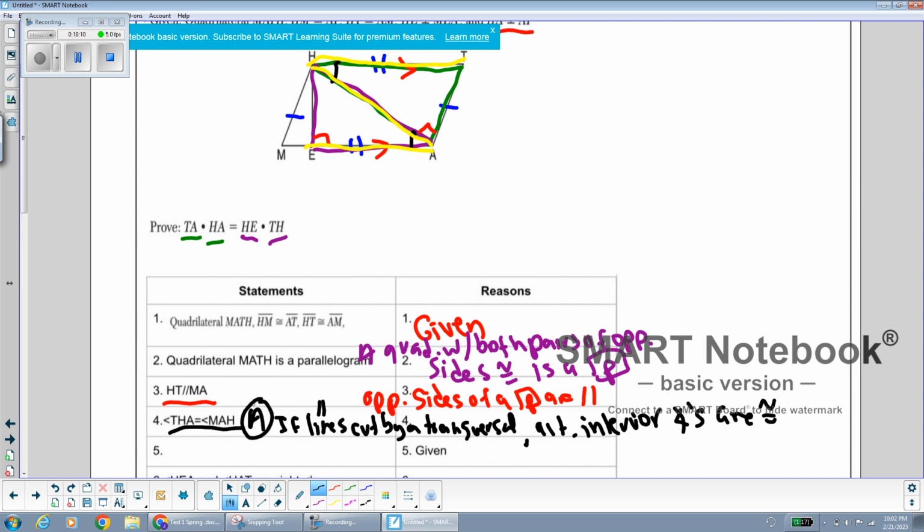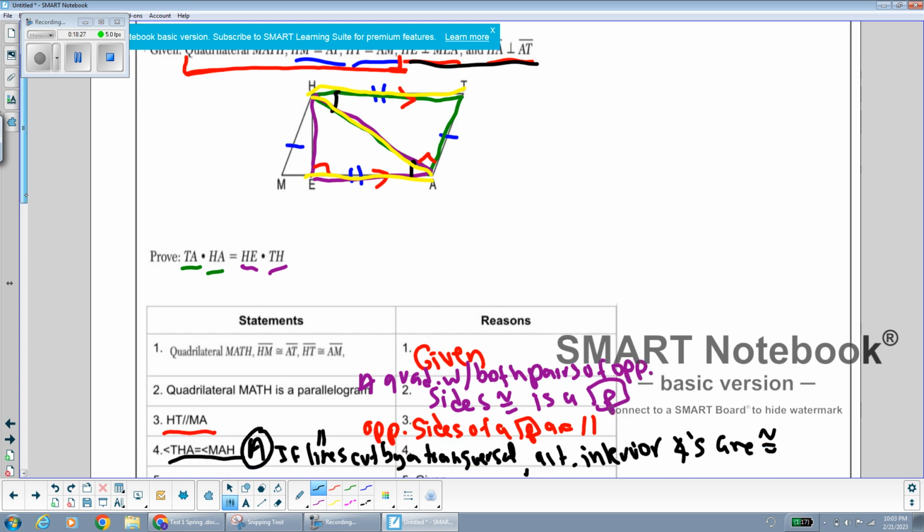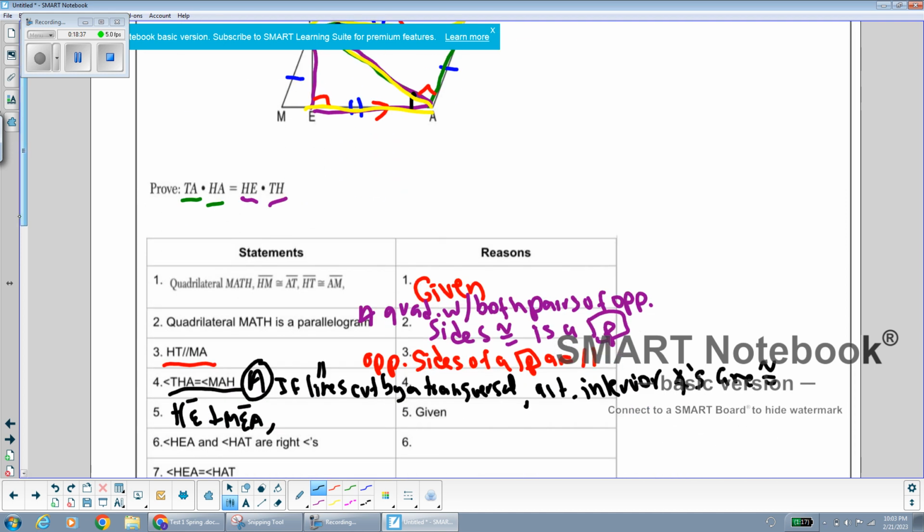The only other thing left to mention to get that AA are these right angles. So that makes sense that now the next given would come. I could put down the part of the given that was talking about the perpendicular lines, because that's where I got the right angles from. So that's HE is perpendicular to MEA. And what was the other one? HA perpendicular to AT.